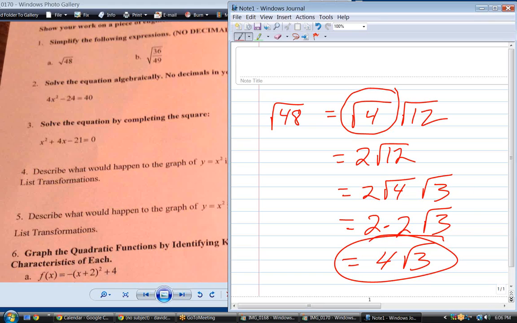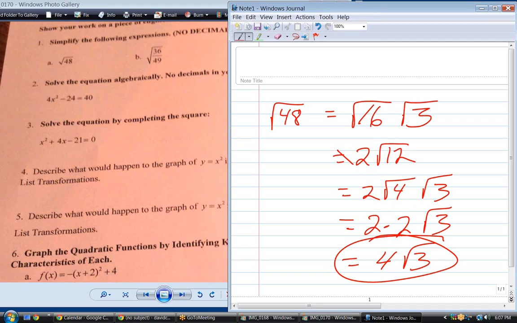Okay? Now, I can do this problem quicker if I notice something from the very get-go. And that would be that not only is 48 4 times 12, but it's also 16 times 3. And that gets at the final answer 3 steps quicker.